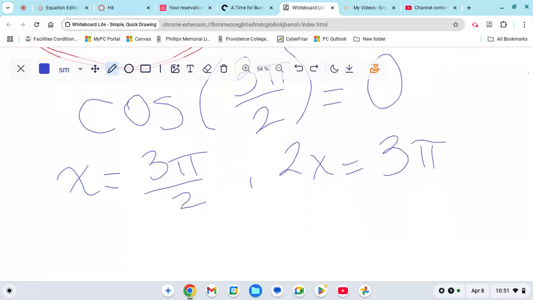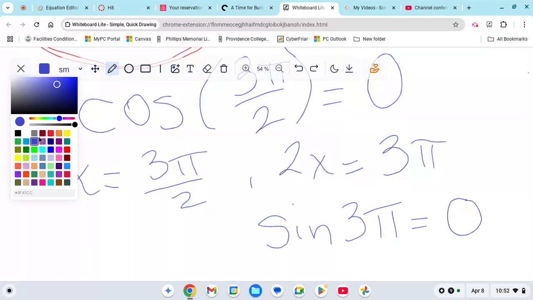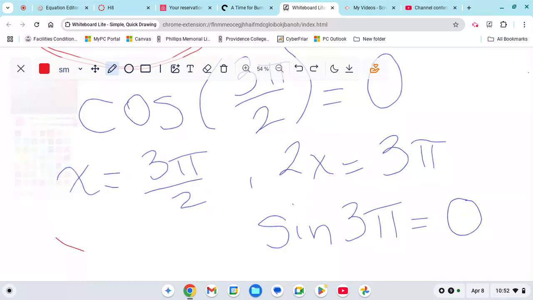What is the sine of 3 pi over 2? I'm sorry, what is the sine of 3 pi? I misspoke. What is the sine of 3 pi? The sine of 3 pi equals 0. Okay, so we found another case. We found case 2, imagining that the cosine of x could be 0.